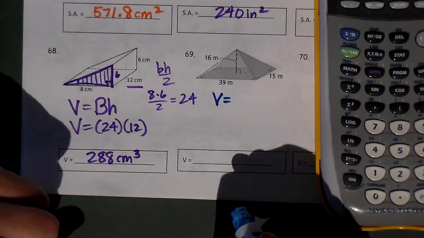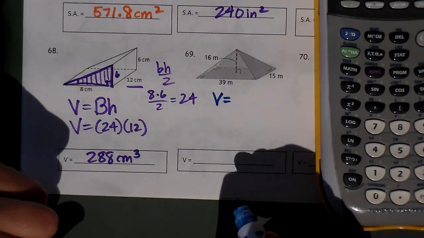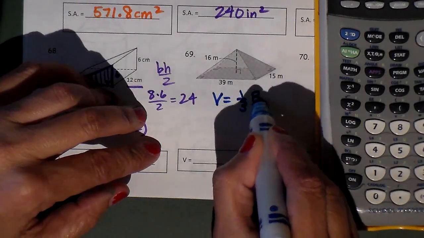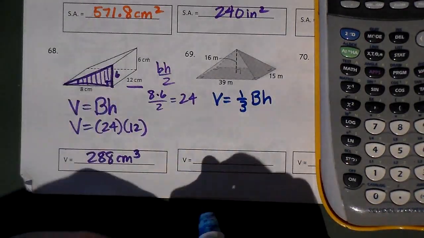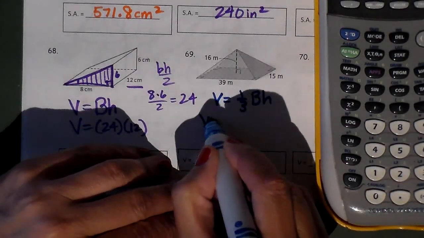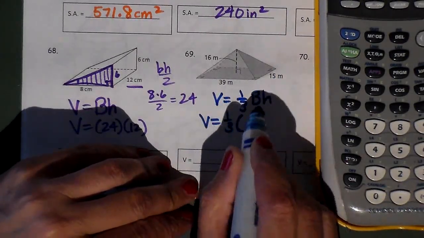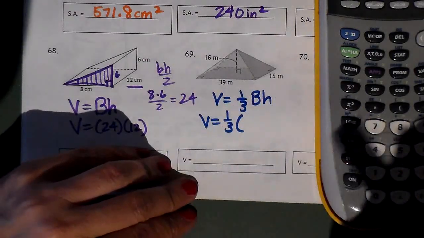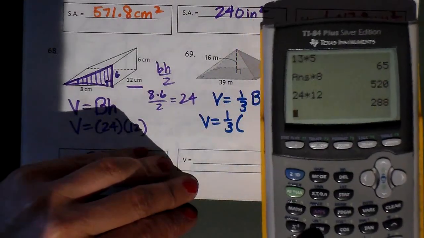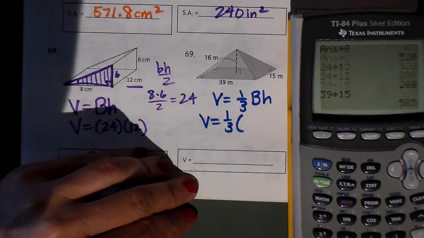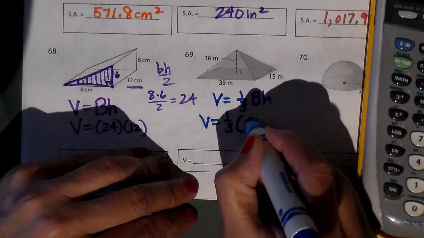What's the volume formula for a pyramid? Okay, it's actually 1/3 BH. Okay, H is different than L, remember, it's not slant height. So the volume is 1/3 the area of the base. What shape is my base here? It's a rectangle. It's a 39 by 15 rectangle. So I'm going to do 39 times 15, and that's going to be 585.